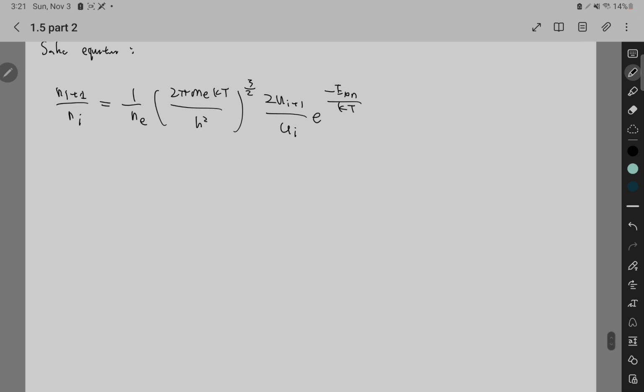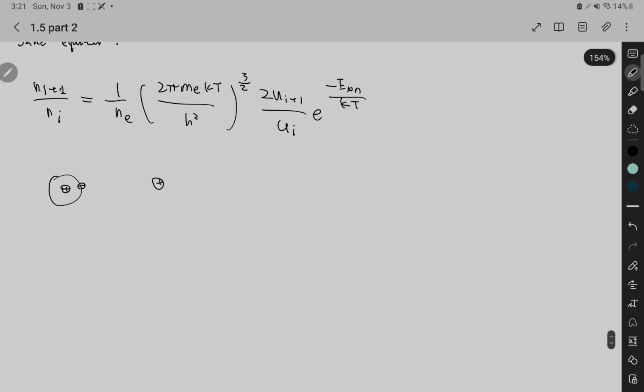So you could ask, what's the ratio between neutral hydrogen and ionized hydrogen? An ionized hydrogen basically is a proton, right? Because it's only got one electron to lose, and when we lose the electron, there's only one proton left. So that's what the Saha equation is for: calculating the ratio between different ionization states, whereas the Boltzmann equation is calculating the ratio between different energy levels within the same ionization state, right?